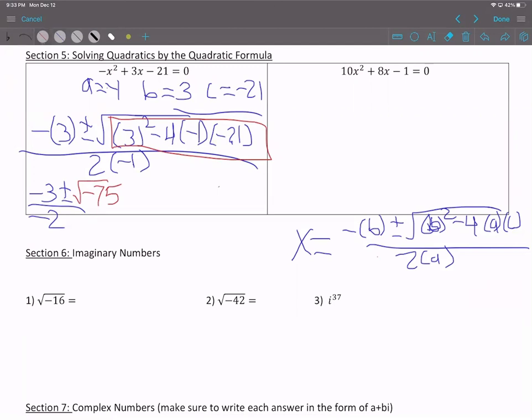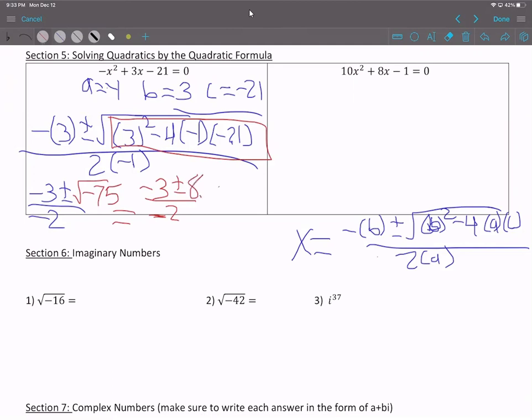If you get a negative number underneath your square root, you're going to get imaginary solutions. For the purpose of this chapter, maybe I'll show you more you can do to simplify them, but there's not really a whole lot you can do. Just figure out the square root of 75. It would be about 8.66.